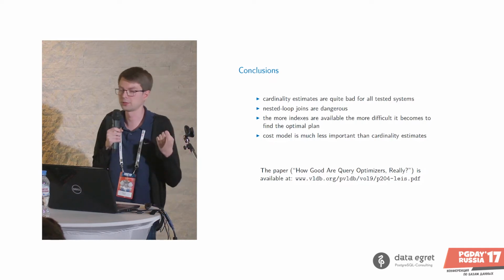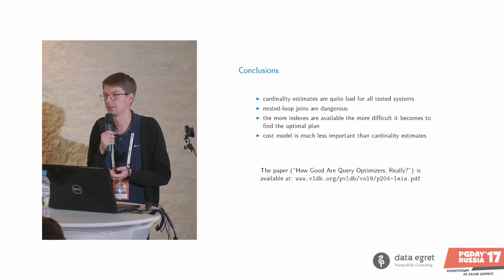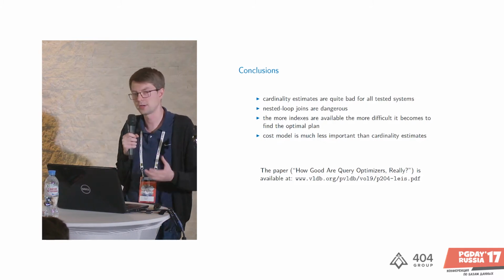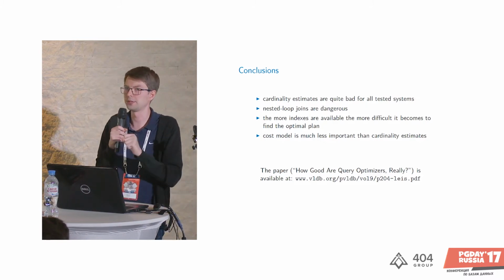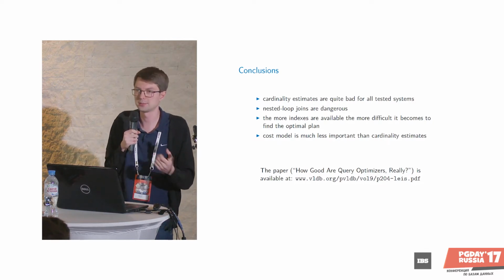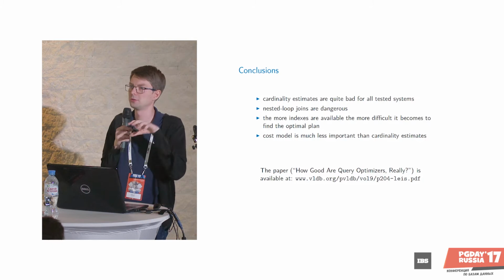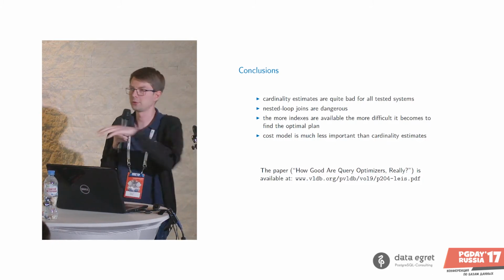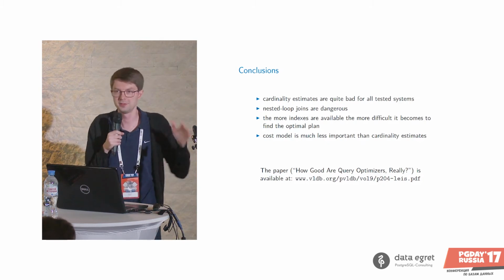And we also saw that the cost model is less important than the estimates. Sometimes you get a slow query and think, let's tweak the parameters until that query is fast. But the trouble with that is probably some other query gets slower that you're not seeing now, because the main wave that you're swimming against is actually the estimates.